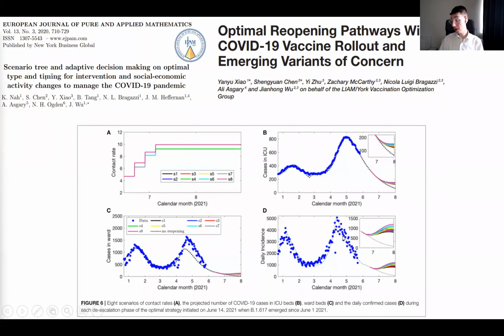And what the analysis shows is that if we turn to the ICU, there is a small rise in the number of individuals in the ICU due to COVID-19, but this subsides due to depletion of susceptibles. So this is smart reopening.